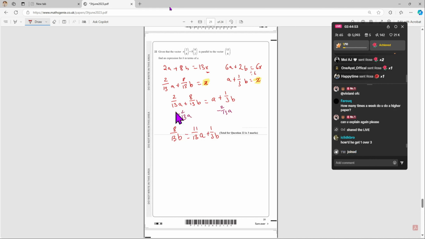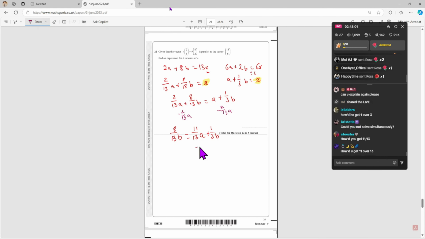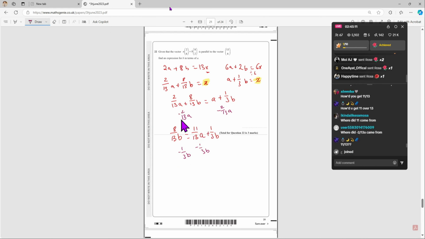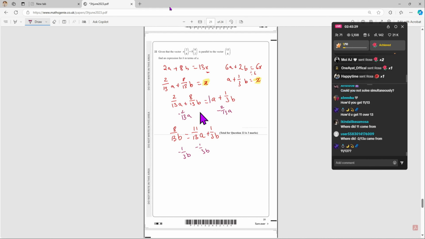Now I'm going to minus a third b on both sides. How did I get 11 over 13? When we subtracted 2 over 13a from both sides, there's a big 1 in front of this a, so we do 1a minus 2 over 13a, which gives you 11 over 13a. Get it?